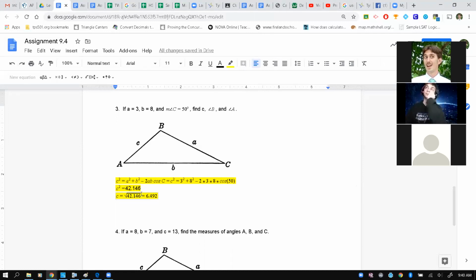Okay, and then once you have C, to find either angle B or angle A, you should use the law of sines.